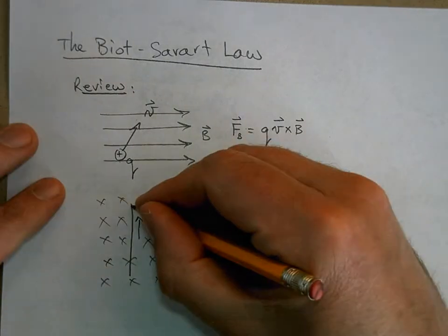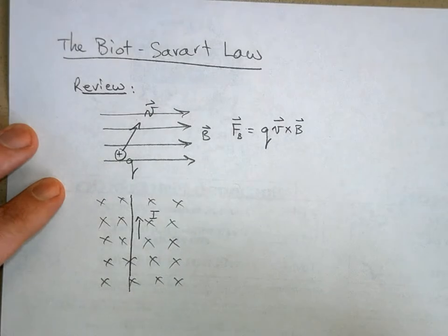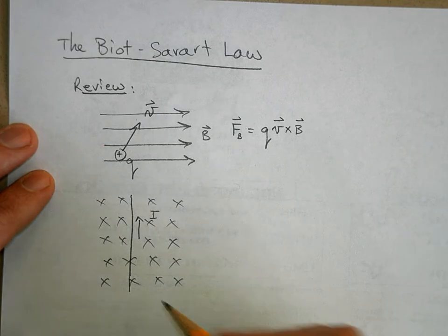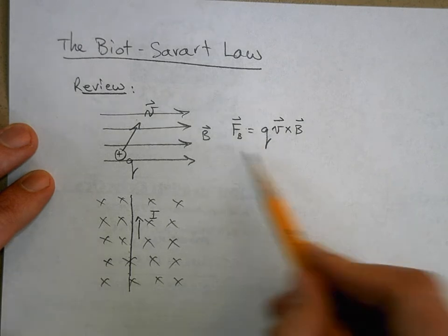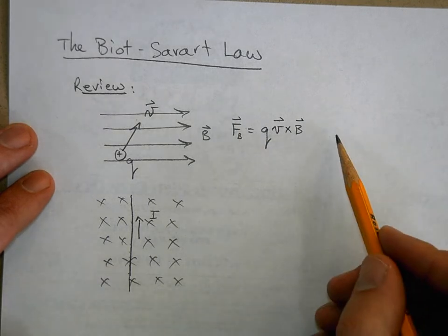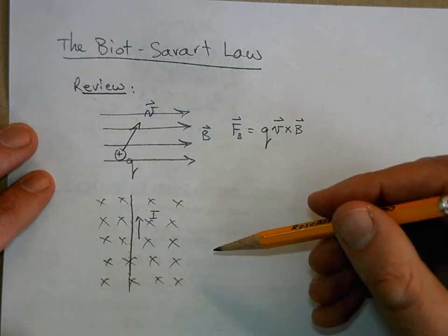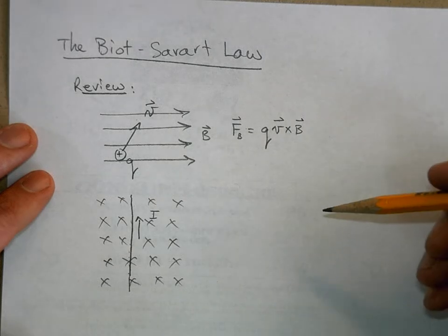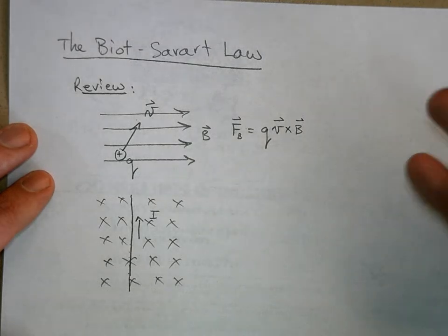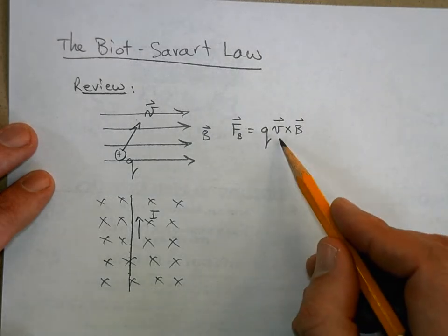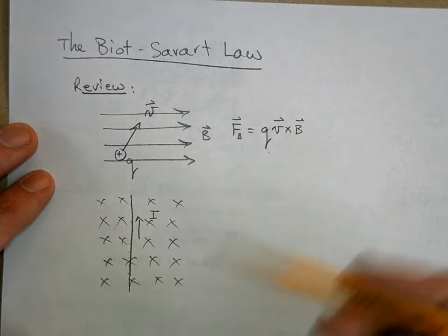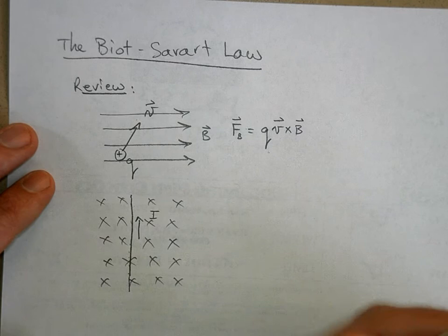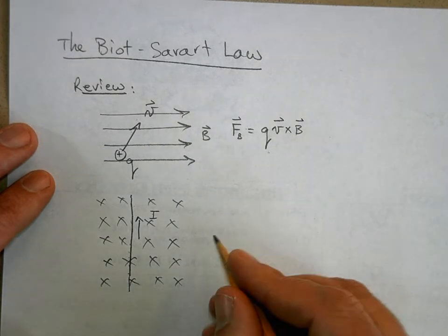Well, this is going to feel a force, and each little moving charge in there experiences this force. But when you add up all of those little moving charges, what you get is the current. The velocity is the drift velocity, and this Q is the total amount of charge that's moving in that wire.